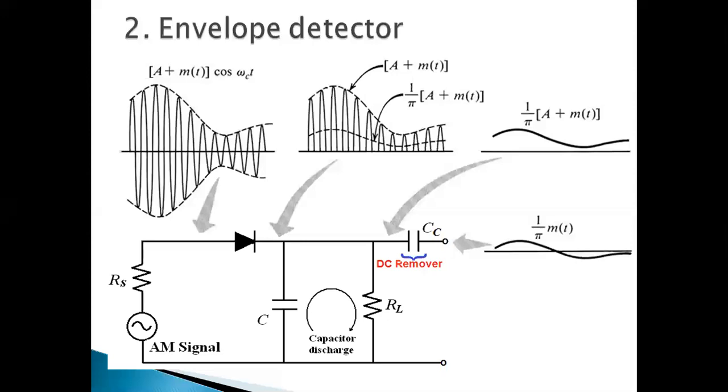In the amplitude modulated wave, the carrier frequency is large compared with the modulated signal bandwidth.